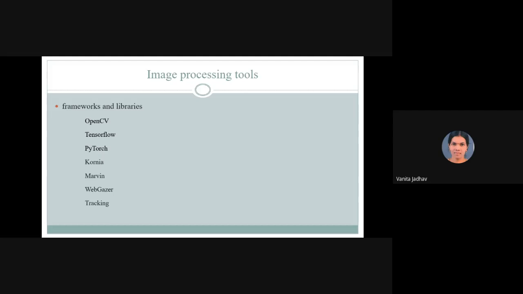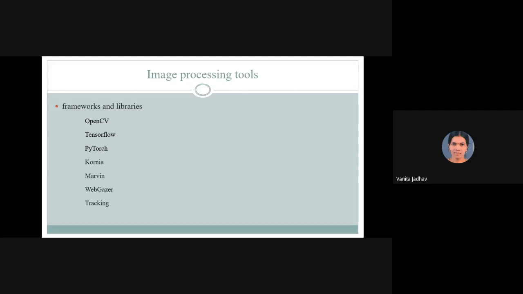Then it calculates through multidimensional data arrays. Simple debugging is allowed in TensorFlow for image processing tools. It has its own logging system. So these are some functionalities of TensorFlow.